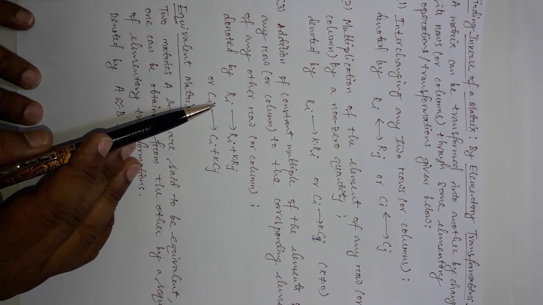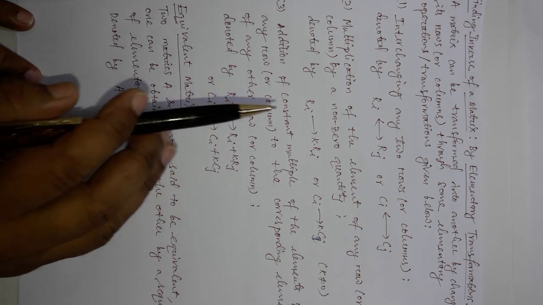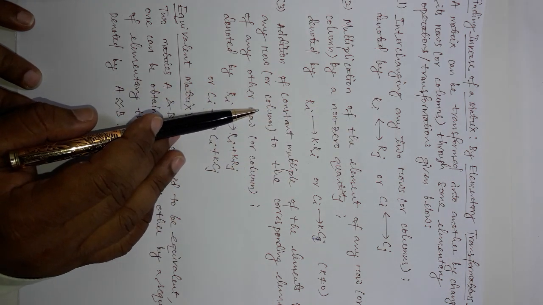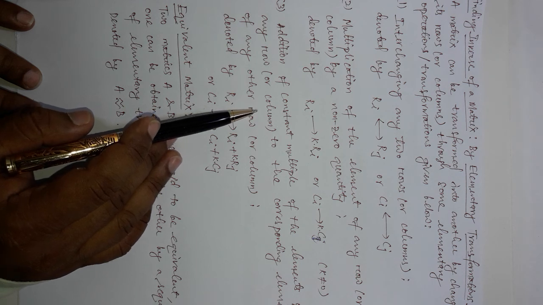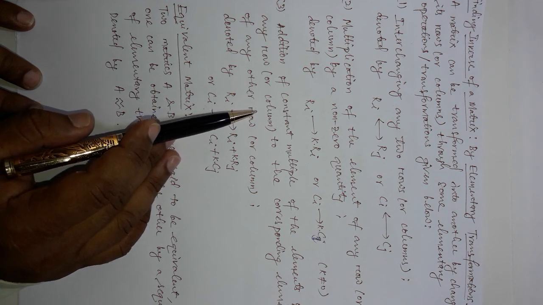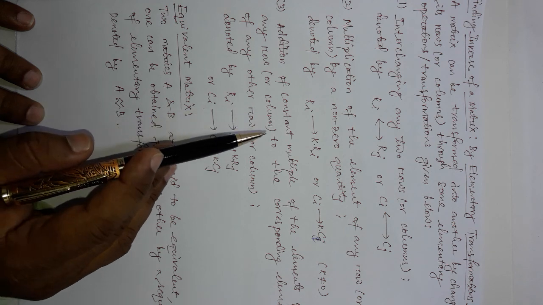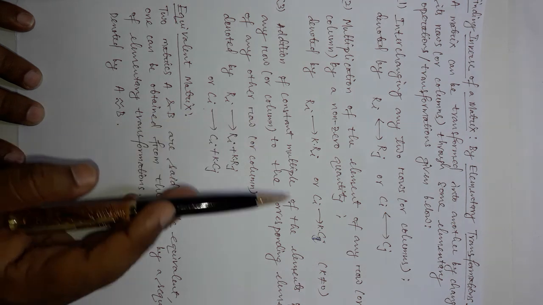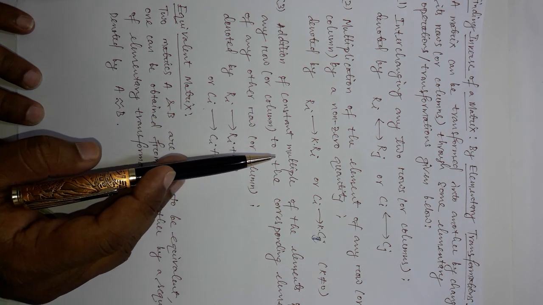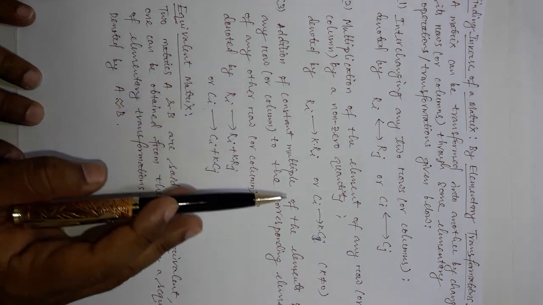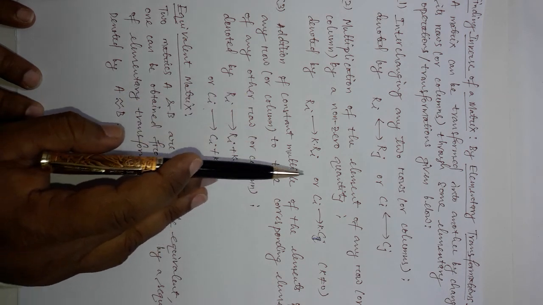Now, one question may come to your mind: if you apply these three elementary operations, then the elements will change, and if the elements change, the matrix will automatically change also. But does the original matrix remain the same after doing all these operations?